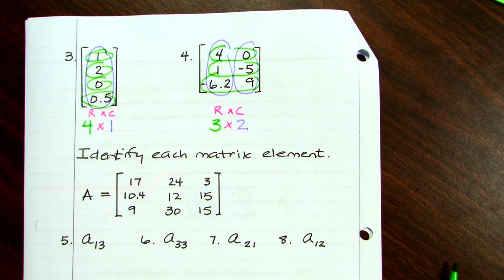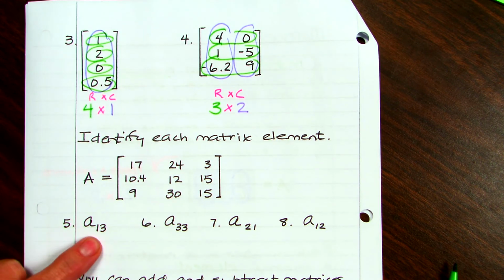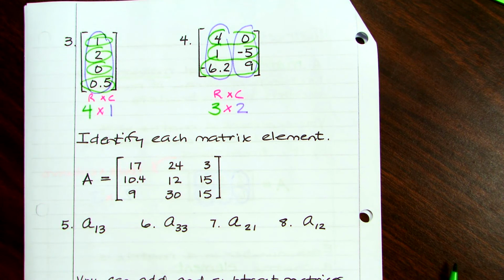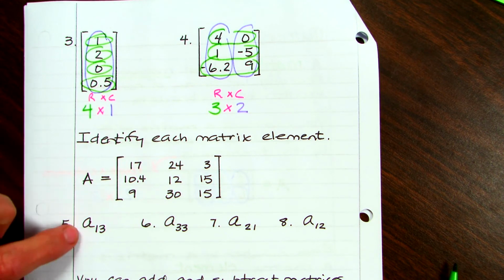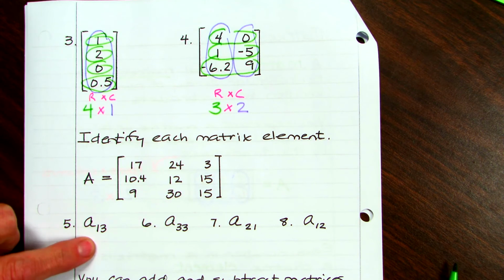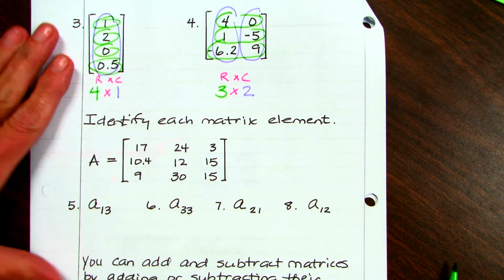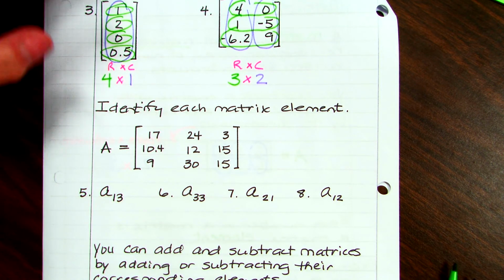The numbers within the matrix, the elements, you can identify them with a lowercase letter and a subscript. So we have a capital letter as our name for a matrix, so this one is A, and it's uppercase, and then the lowercase with a subscript identifies the element a within that matrix. And this is how this works. This is why you need to know rows by columns.